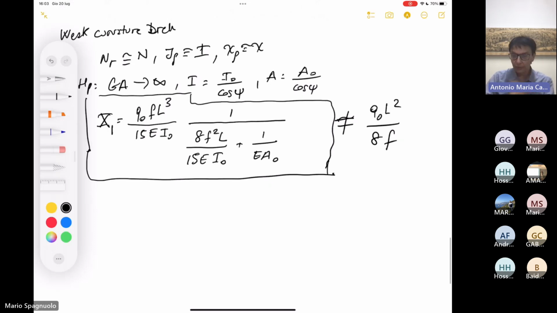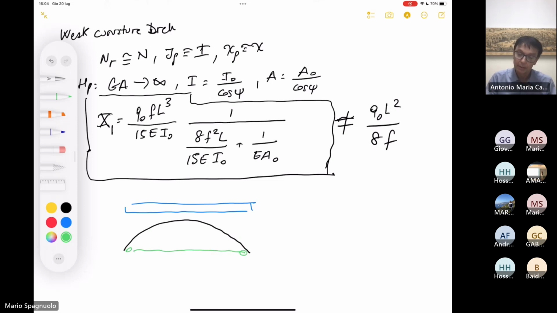But we can also solve the problem in another way, by adding to the arch a horizontal chain, with axial stiffness EAC, to eliminate the horizontal thrust.